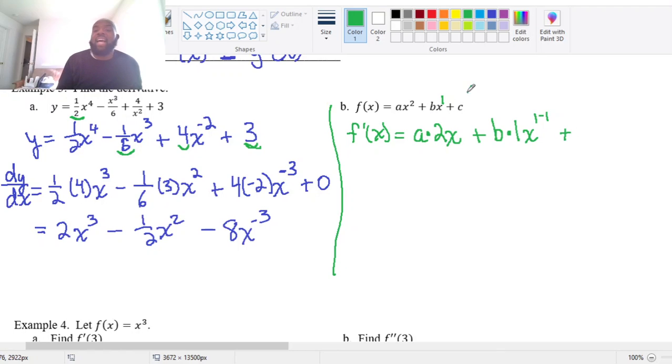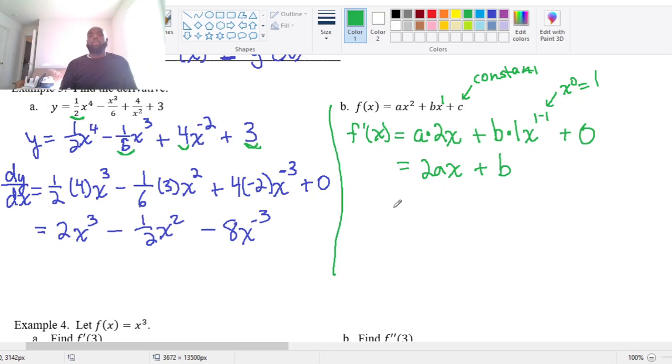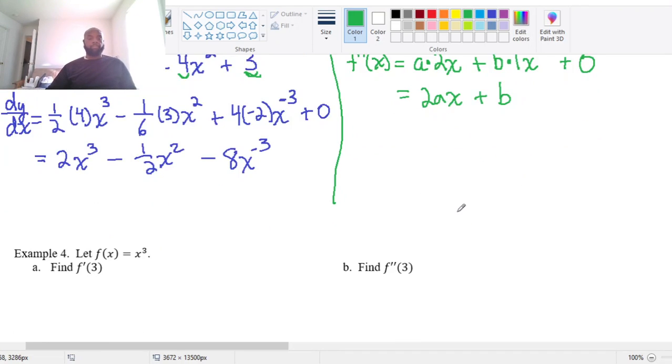And then this is a constant term. The derivative of a constant term is 0, right? So I get 2 times a times x plus, well, this is x to the 0. That's 1. And so that's b times 1, so that's b, and that's 0. So I get 2ax plus b.